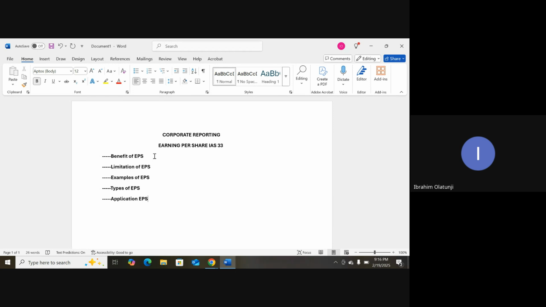Initially we mentioned that one of the benefits is that we can use it to predict the future profitability performance of an entity, but there has to be a restriction because earnings per share is historical in nature.